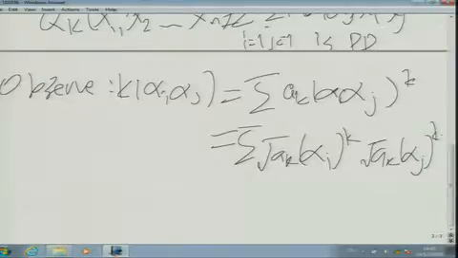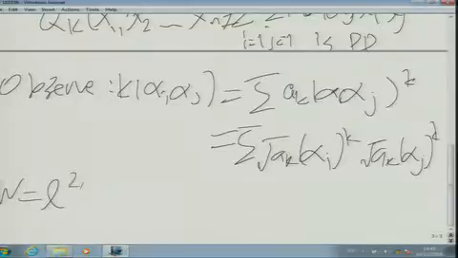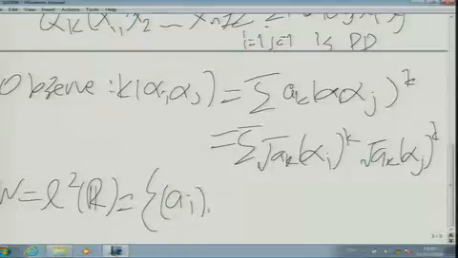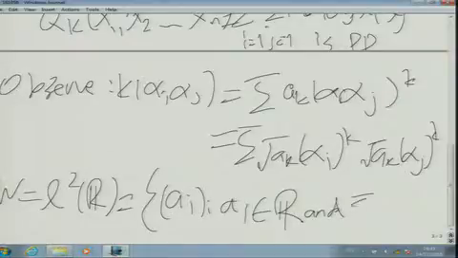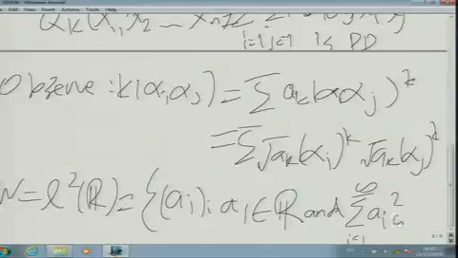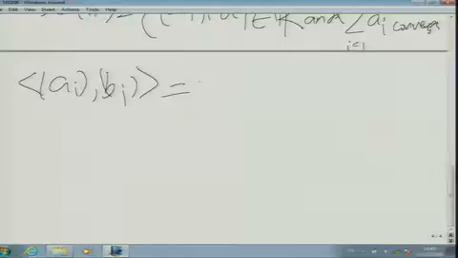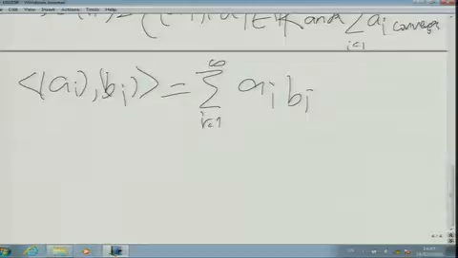And now we denote W as the L2 space, which is a set of sequences a_i which are real and square summable, which means the summation of a_i squared converges. And this L2 space has an inner product of a_i and b_i equal to the summation of the product of a_i and b_i with i equal to 1 to infinity.